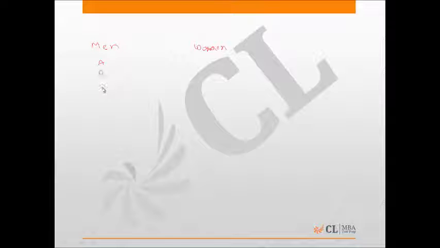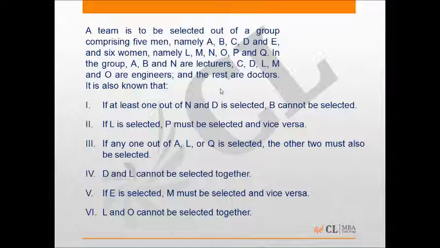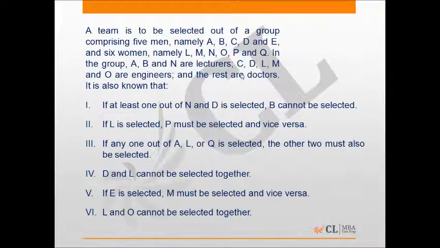Men are A, B, C, D and E and women are L, M, N, O, P and Q. Now the professions are A, B and N are lecturers. So I would write lecturer in short form besides A, B and N. After that, C, D, L, M and O are engineers.